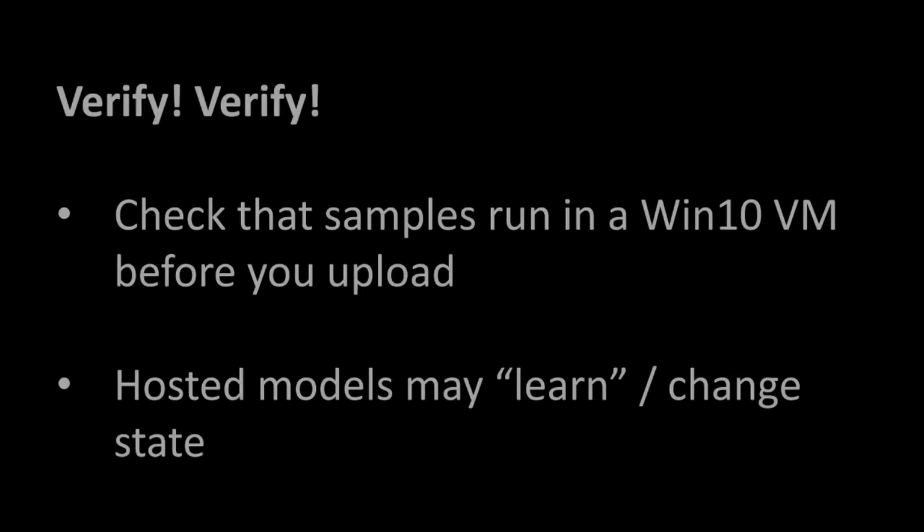Since there is a chance that the file modifications have broken some of the files, contestants have been encouraged to run the samples in a Windows 10 sandbox to validate functionality before uploading to the competition website.